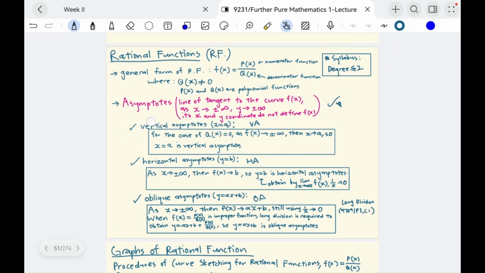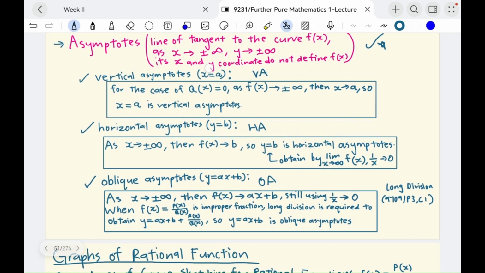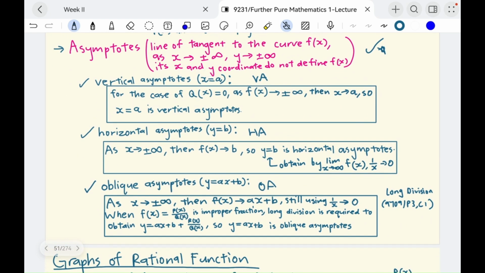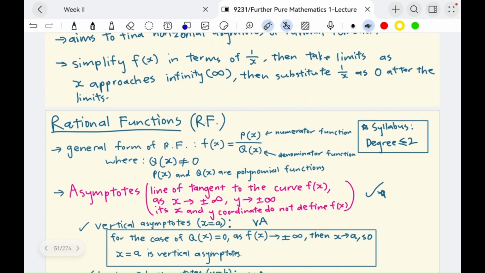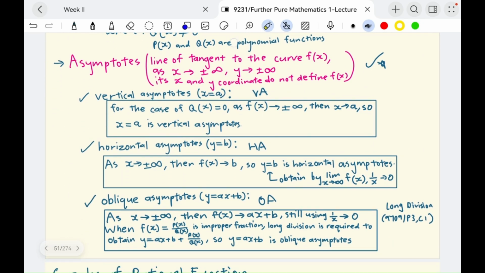So from now on, there are abbreviations for pronouncing these three types of asymptotes, which are VA, HA, and OA. So next time, when it comes to our exercise discussions, when I say VA, HA, and OA, you have to understand what I mean. That includes the abbreviation RF as well. Okay?